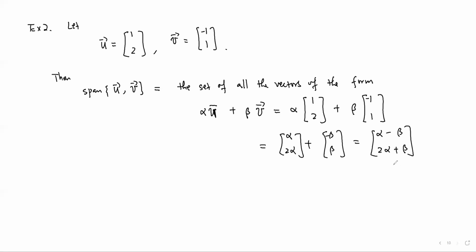Because a vector is a point, we identify a vector as a point. So this vector is this point, (alpha minus beta, 2 alpha plus beta), where alpha and beta are arbitrary numbers.